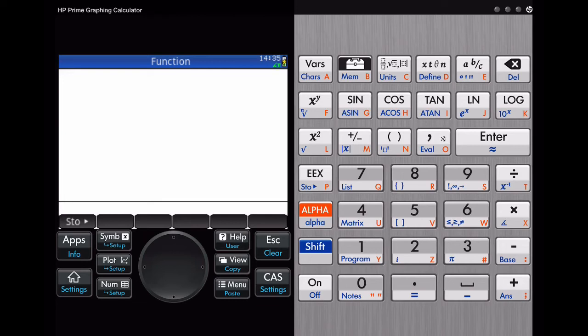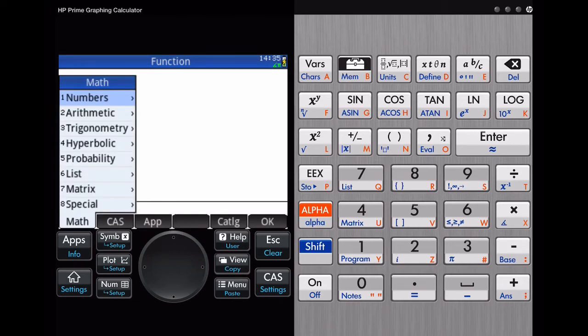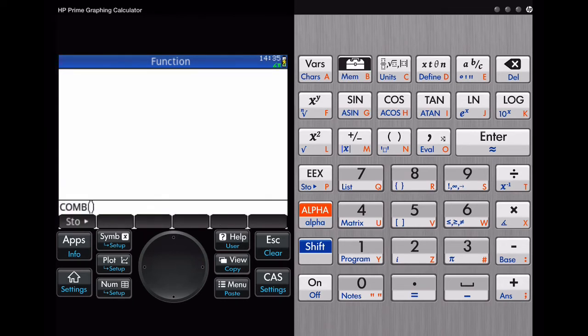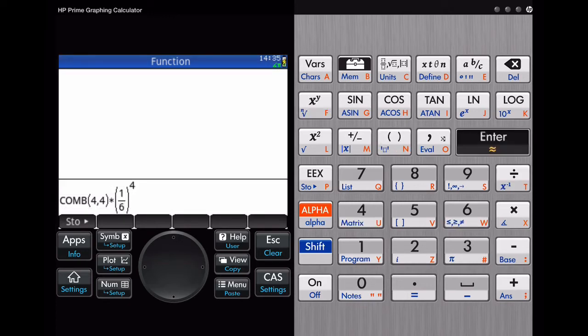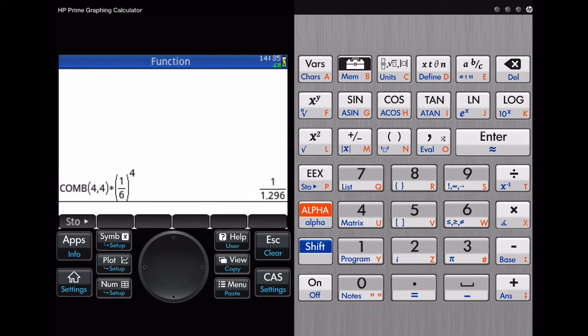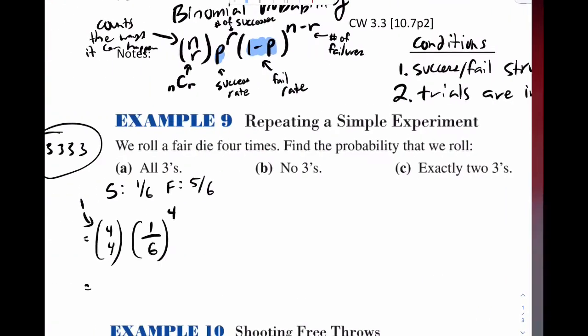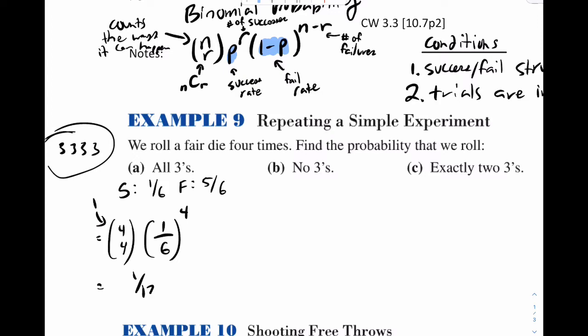So 4C4 multiplied by 1/6 to the 4th power. Let's make it a fraction. Okay, 1/1296. So for this section, as much as possible, use fractions. It'll make it a cleaner answer.